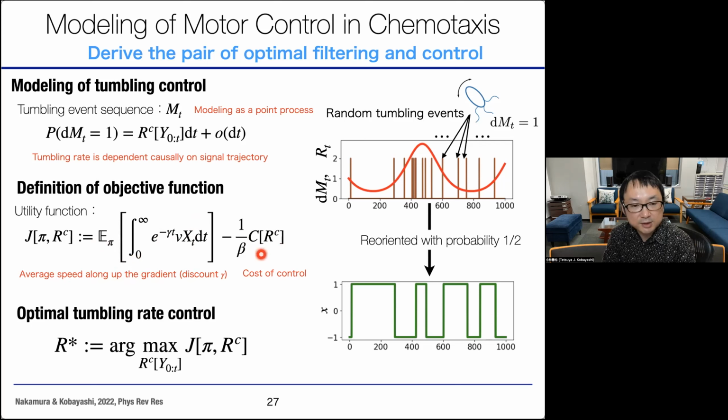And this is a cost function. I will discuss it later. So given this objective function, the goal is to maximize this objective function with respect to the tumbling frequency function. So we get the optimal control strategy.